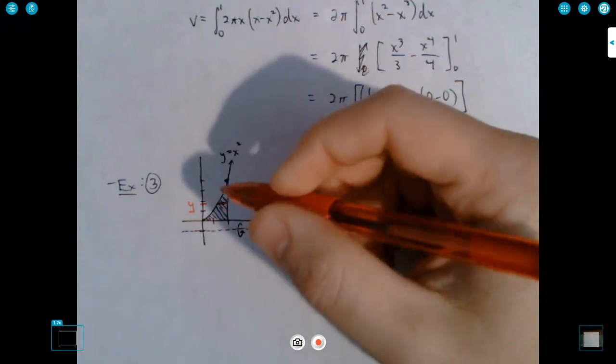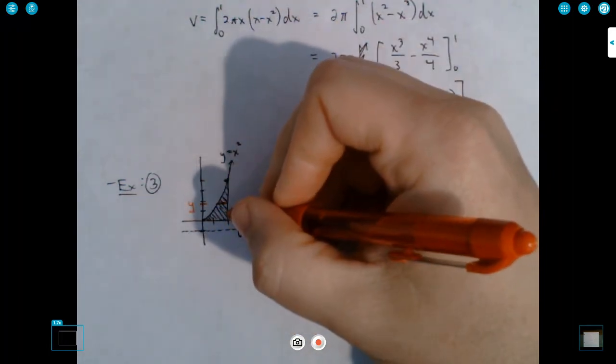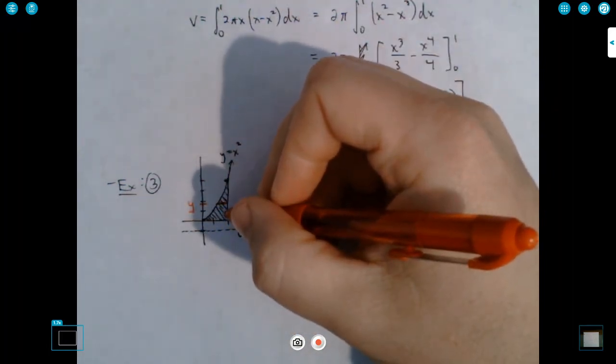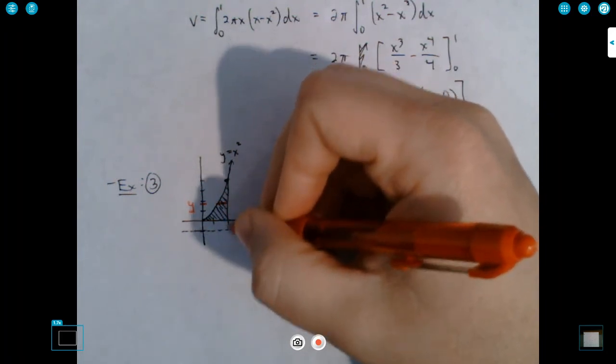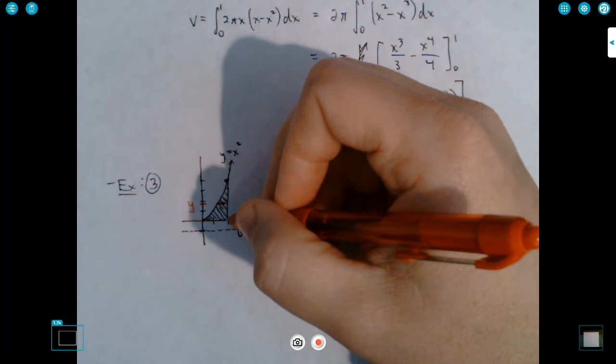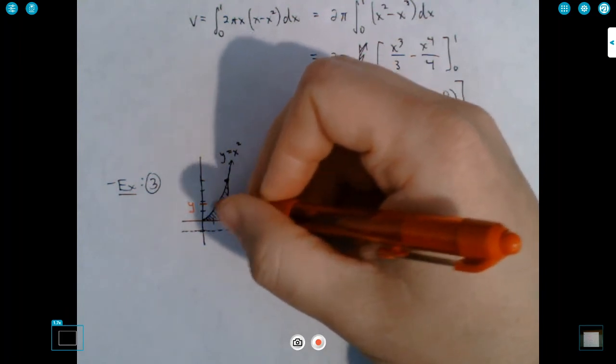Now the question is, what is the radius of that cylinder, okay? And then what is the height of the cylinder?